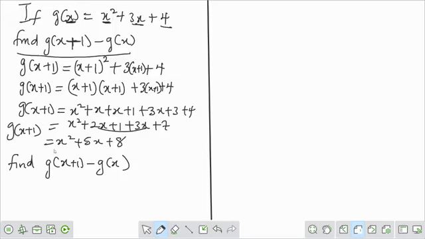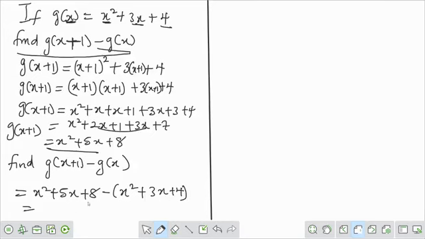So you just bring this and you just minus it from this. So it will now be x squared plus 5x plus 8 minus x squared plus 3x plus 4. X squared plus 5x minus x squared minus 3x minus 4.